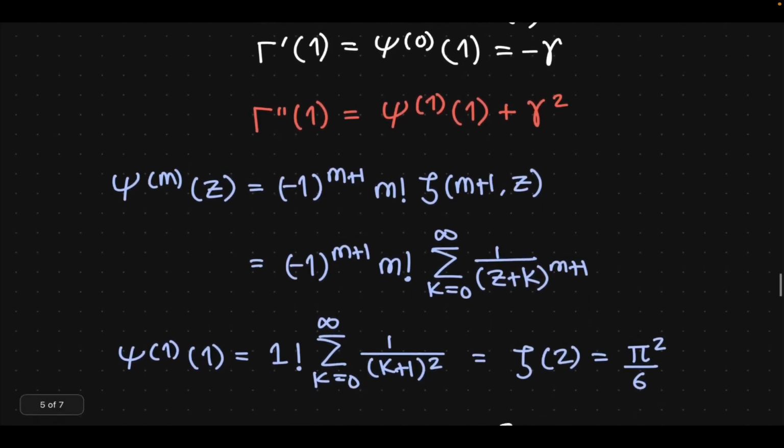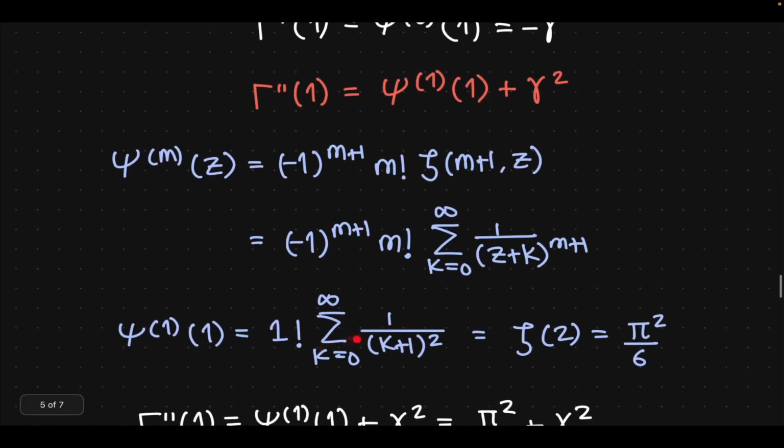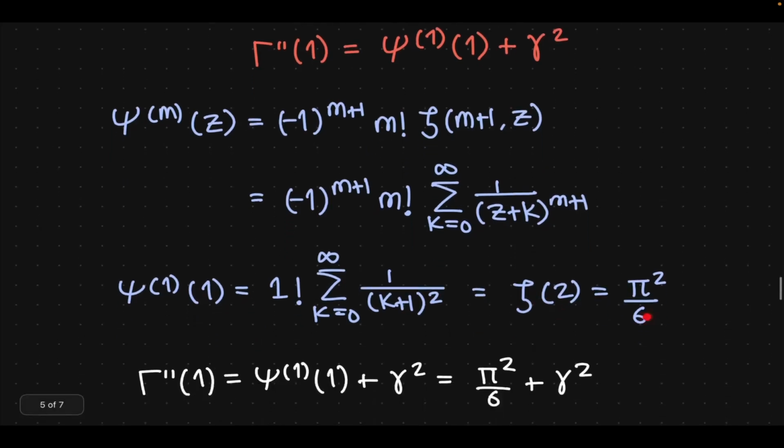Okay, so what we need is m equals 1 and z equals 1. So when we do those substitutions, we have 1 factorial times the sum from k equals 0 to infinity of 1 over k plus 1 whole squared, which is just Riemann zeta of 2, because 1 factorial is also 1. And Riemann zeta of 2, we know from the famous Basel problem, is pi squared over 6.